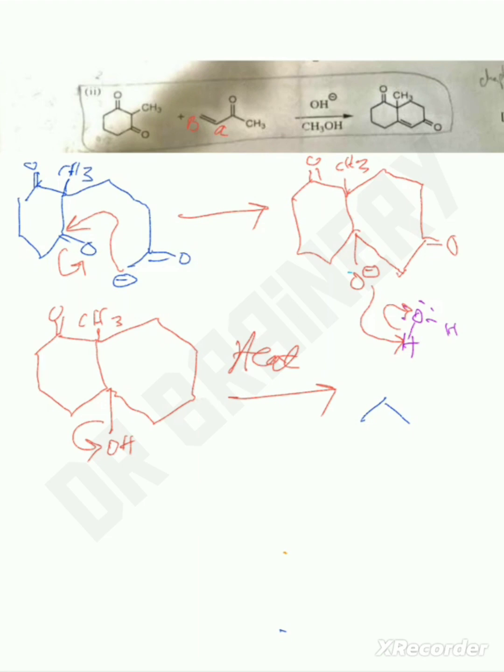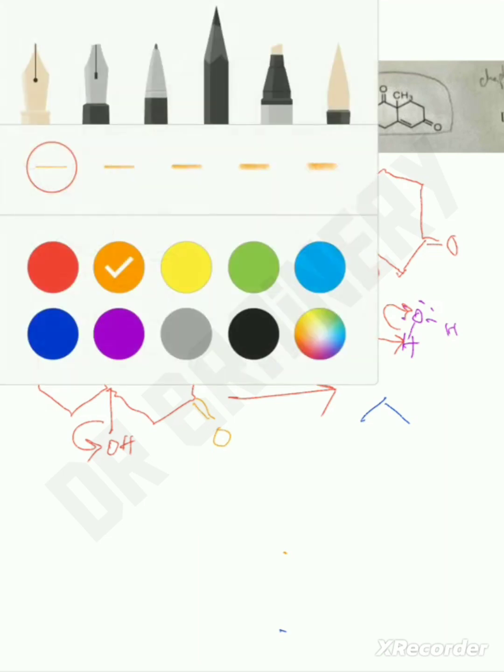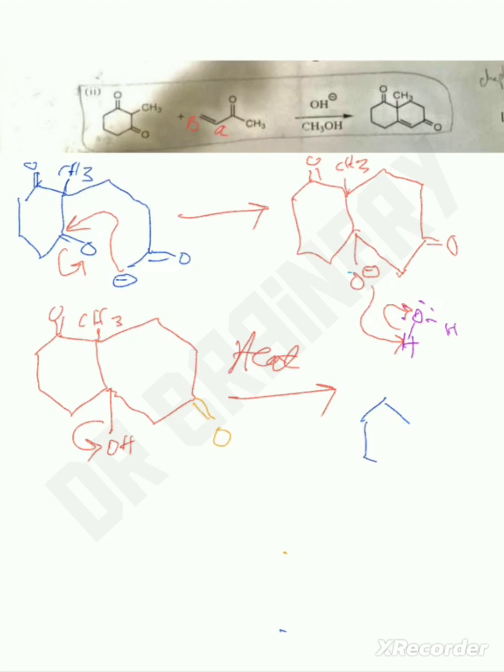Sorry, don't forget here there was something like this. So here something like this, then something like that. Then here there will be CH3 like that.